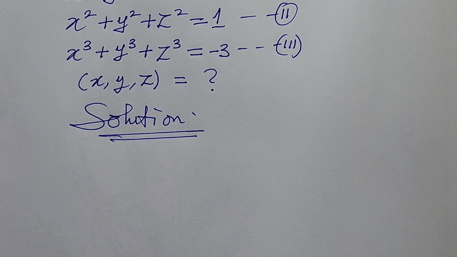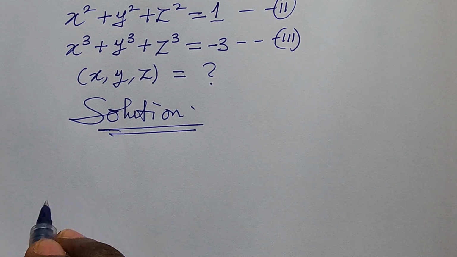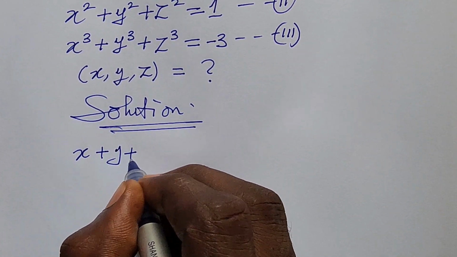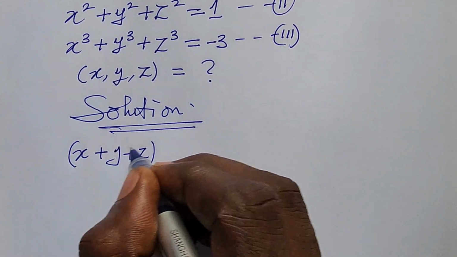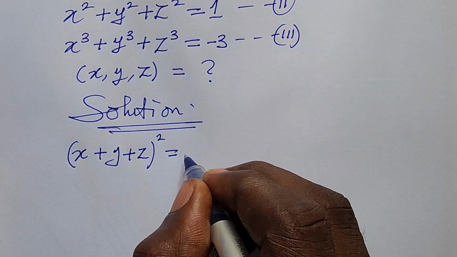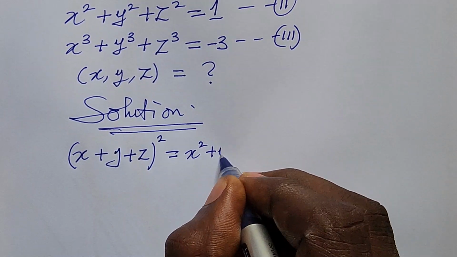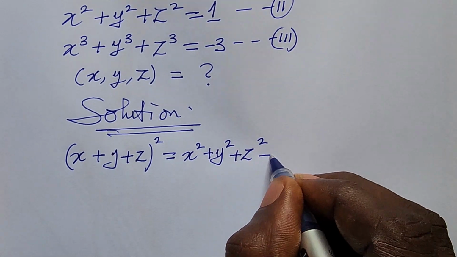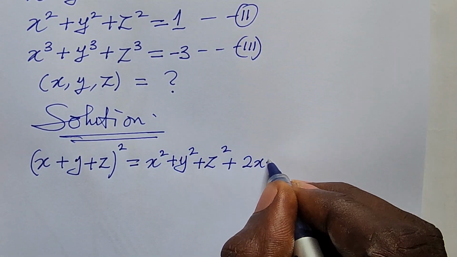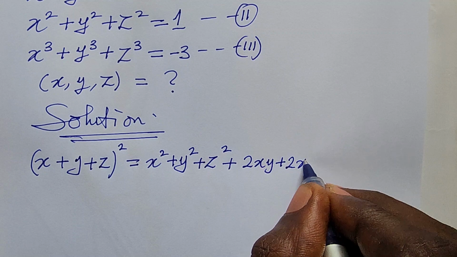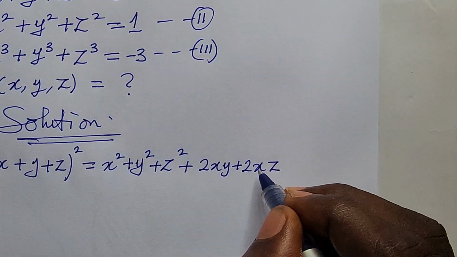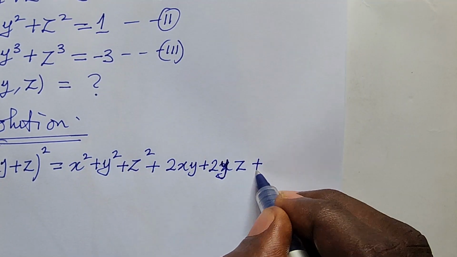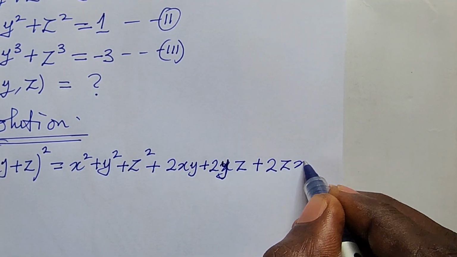From our algebraic identity, we can rewrite equation 2. So we have (x plus y plus z) all squared. This is equal to x squared plus y squared plus z squared plus 2xy plus 2yz, then plus 2zx.